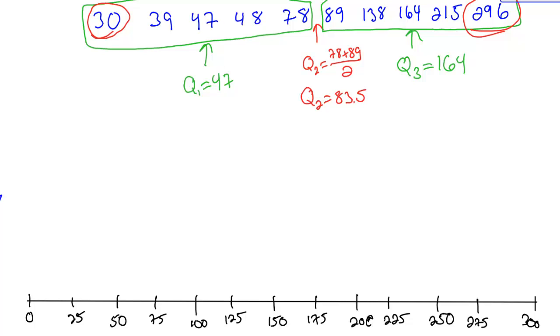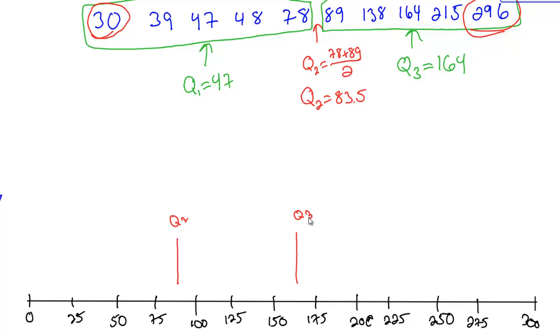So let's look at Q2, which is 83.5. That's going to be somewhere over here between 75 and 100. So here is Q2. Q3 is at 164, so that's down here between 150 and 175. So here's Q3.